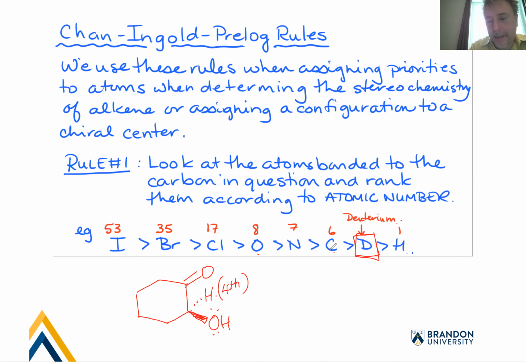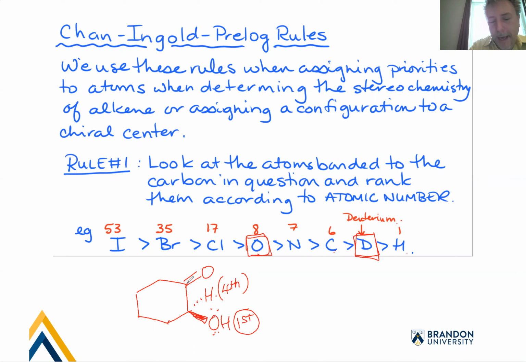I'll get to that a bit later on. Then we've got carbons and oxygen. So carbon here, oxygen here. We can immediately say that this oxygen will be first because it's got a larger atomic number than carbon.